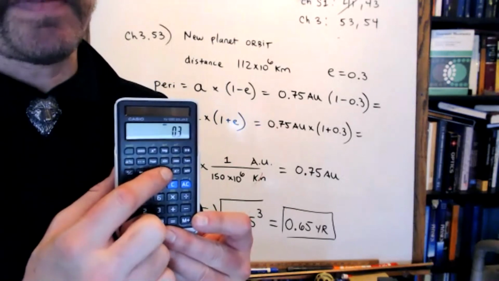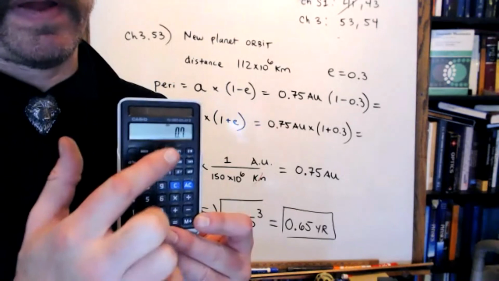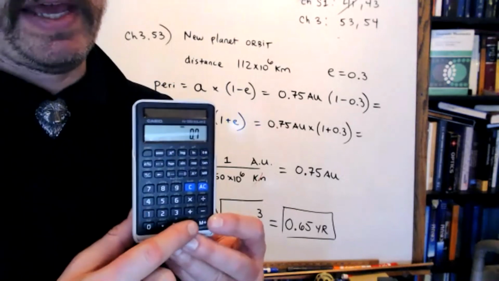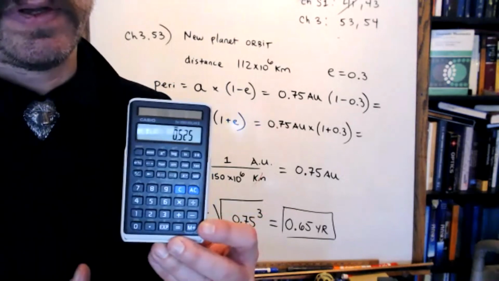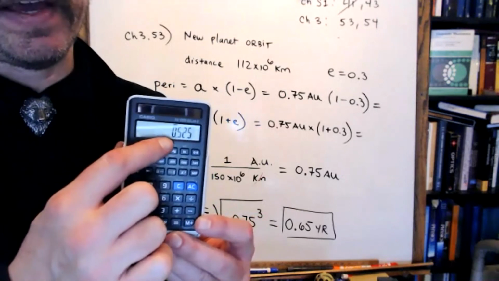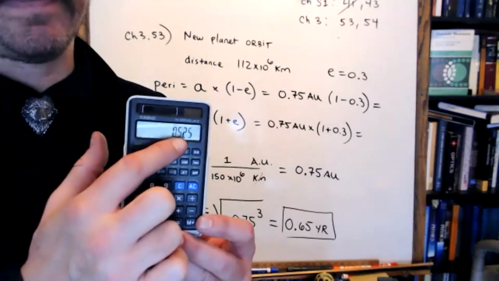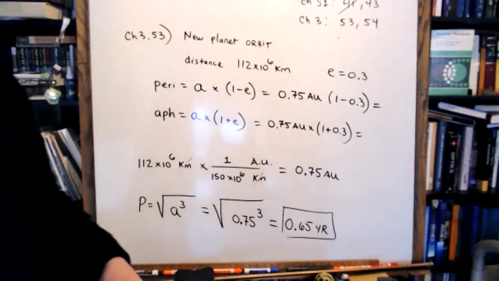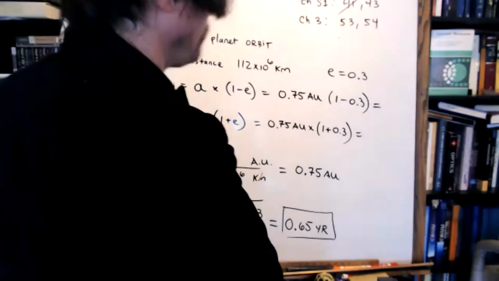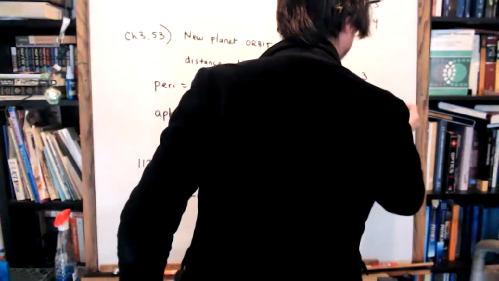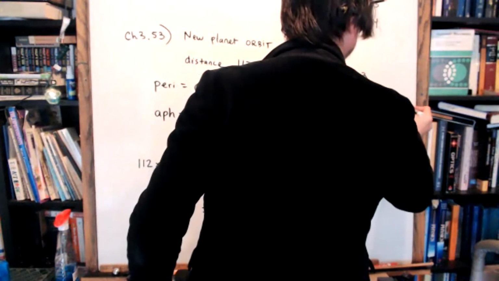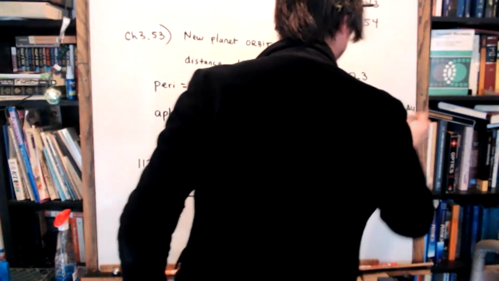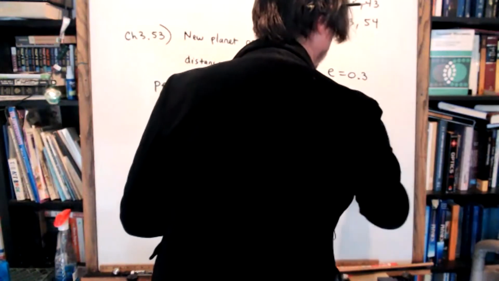Then we close parentheses, and that does the parenthesis part. And then we hit equals. Let's round it to 2 sig figs, 0.53 astronomical units. Sorry, I'm smushing into the edge there.